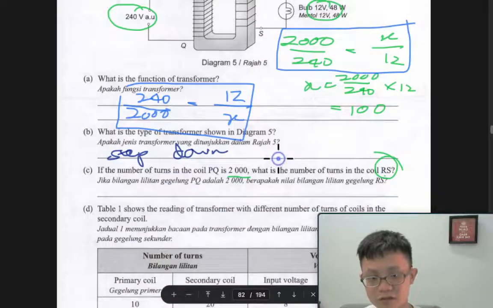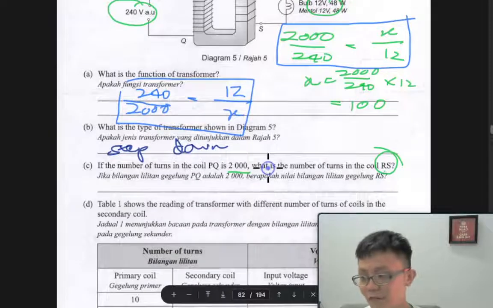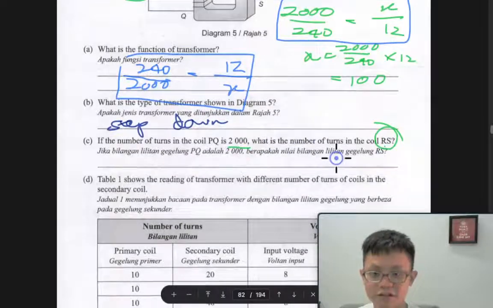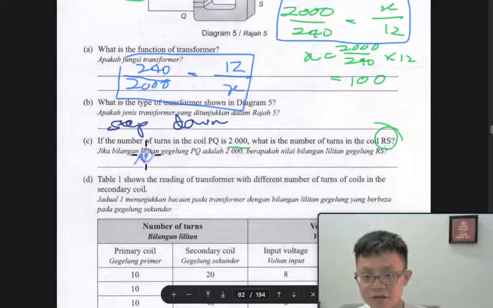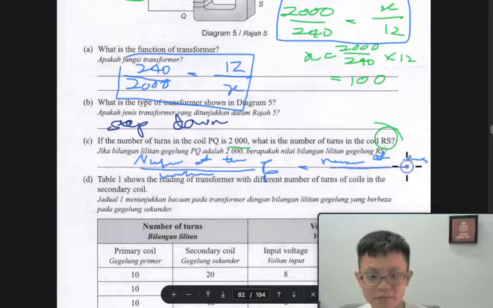Of course this is just 1 mark, but you remember to write the formula. So maybe you can create your formula: number of turns for primary divided by voltage for primary equals number of turns for secondary divided by voltage for output.